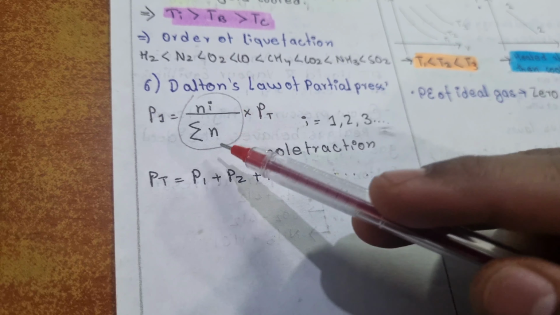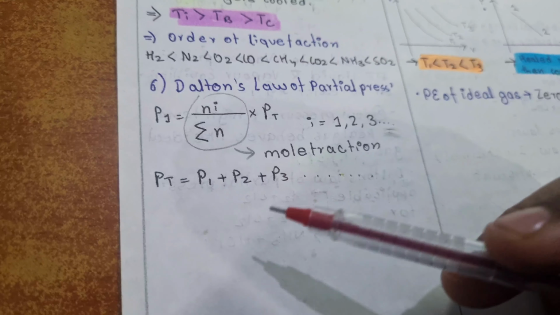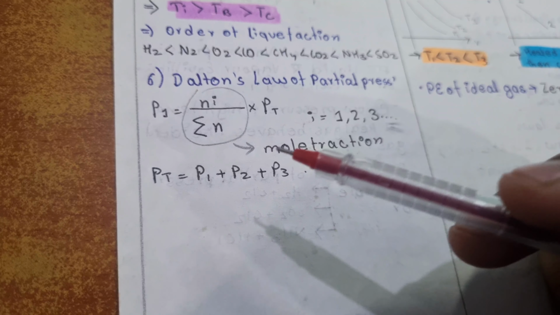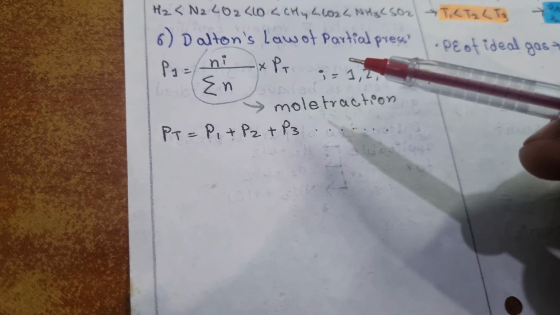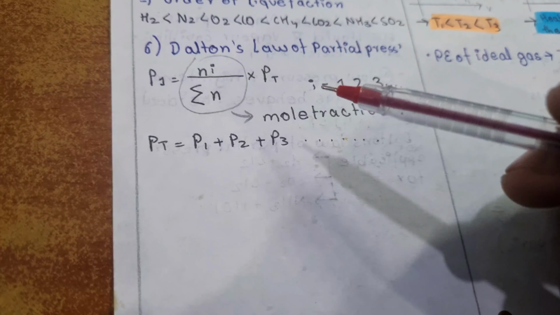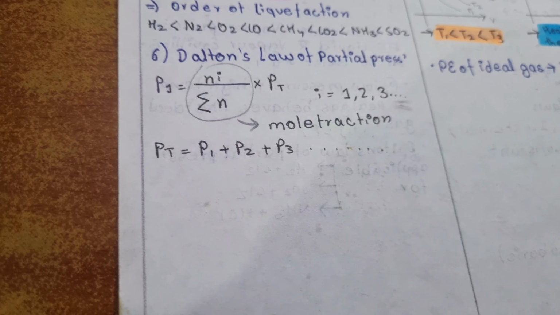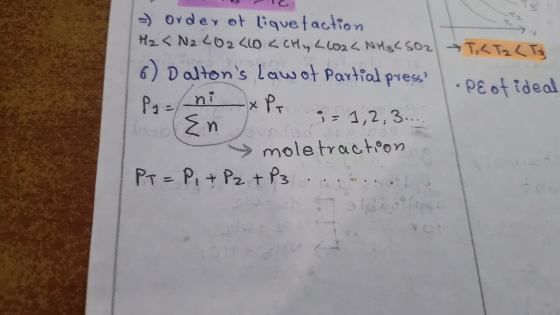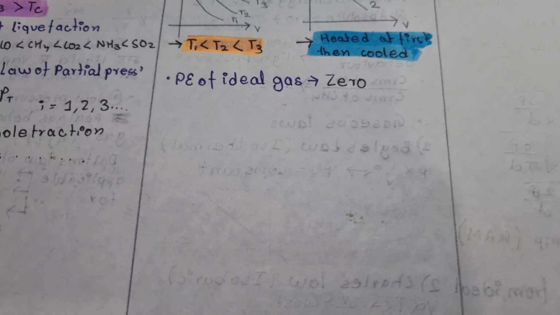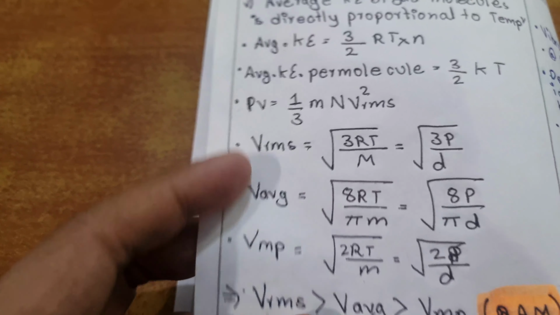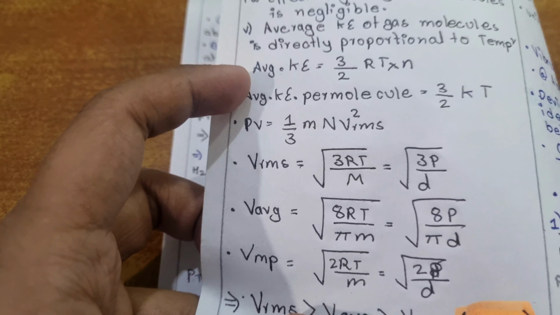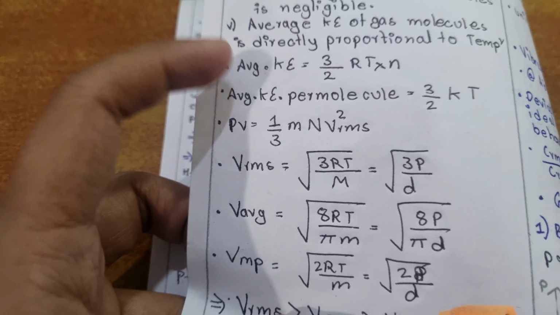This is the expression for Dalton's law of partial pressure, which simply states that the total pressure of non-reacting gas molecules at a particular temperature equals the sum of the partial pressures of the component gases. The potential energy of an ideal gas is 0, but the kinetic energy is this one. We cannot calculate the absolute kinetic energy, that's why we are calculating the average kinetic energy.